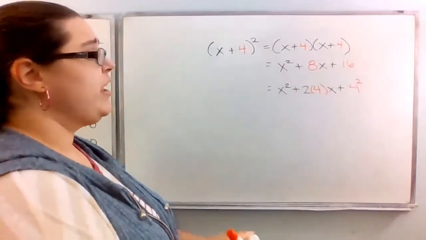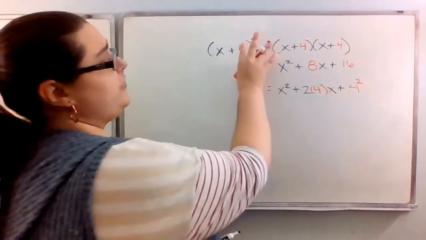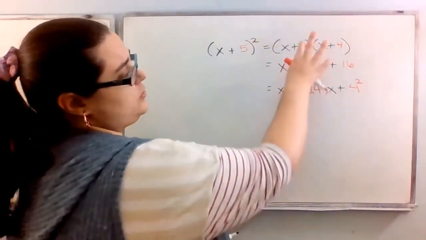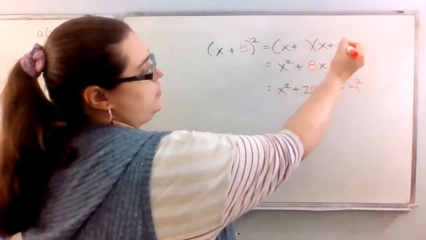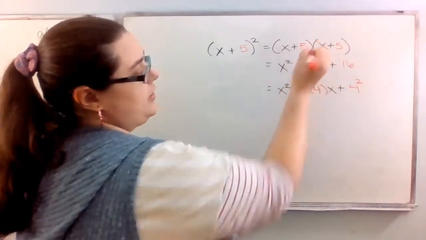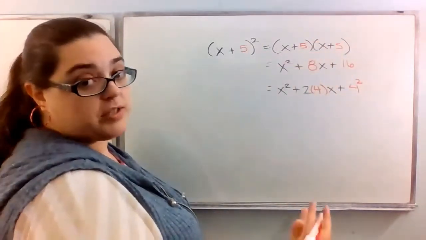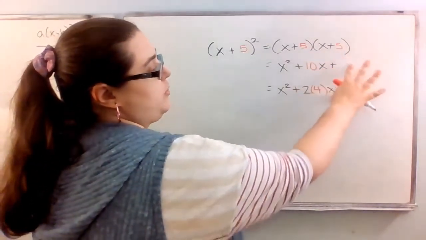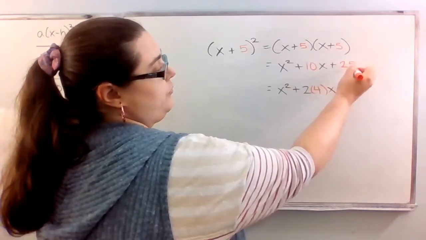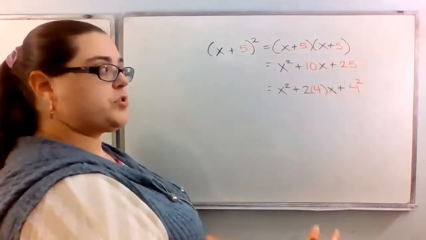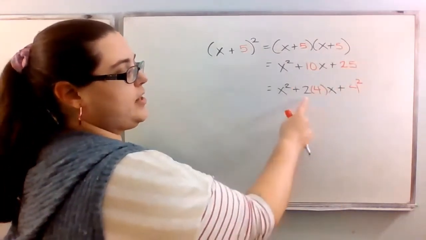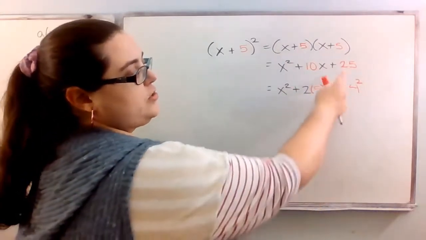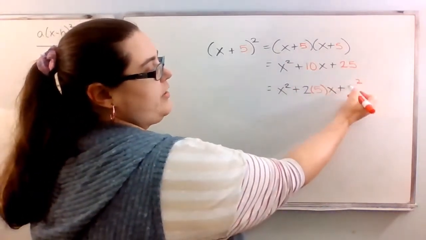Similarly, if I had a 5 here, and a 5 there, and I multiplied it all out, I would get a 10 here and a 25. 10 is the same as 2 times 5, and 25 is the same as 5 squared.